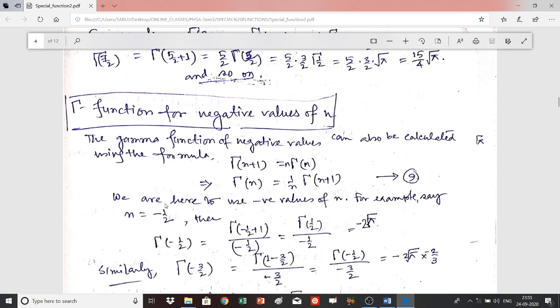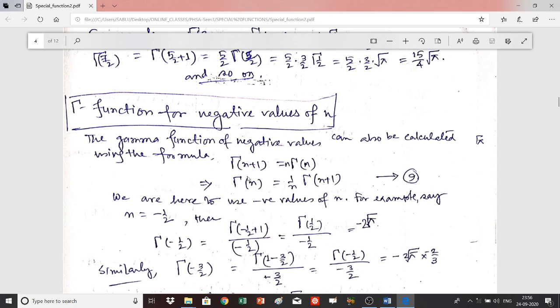Now we are here to find out the gamma function for negative values of n. For example, it may be minus half. Then using this relation, you can easily find out that value. Here you have used n equal to minus half.